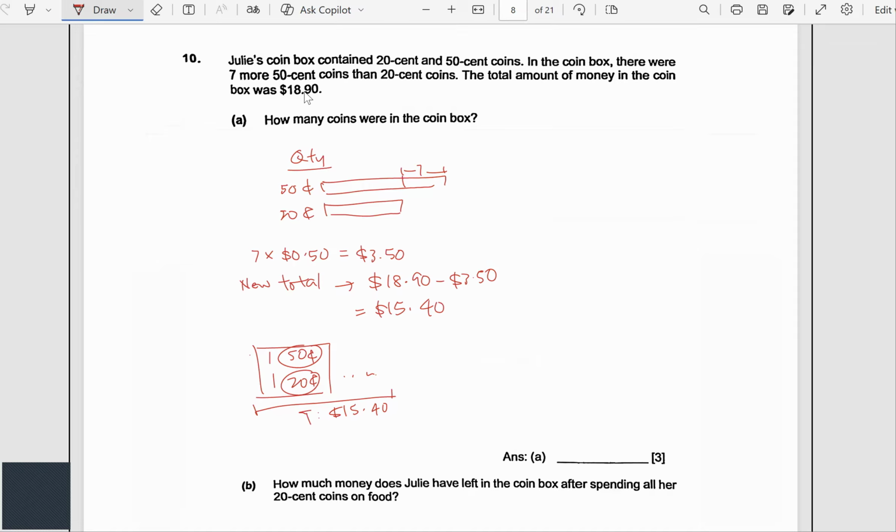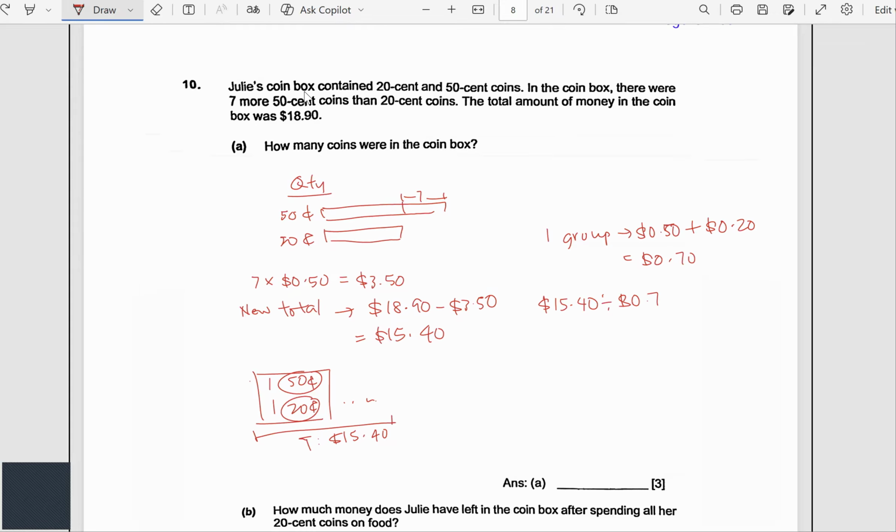And next we find total in one group, which is 50 cents plus 20 cents. In one group, I have 70 cents, so number of groups would be 1540 divided by 70 cents. Which will give us 22 groups.